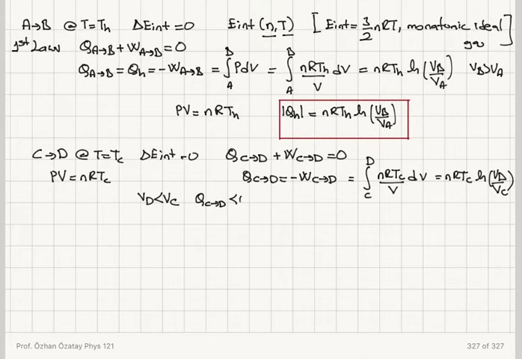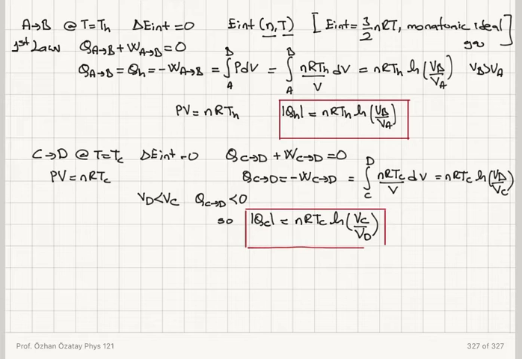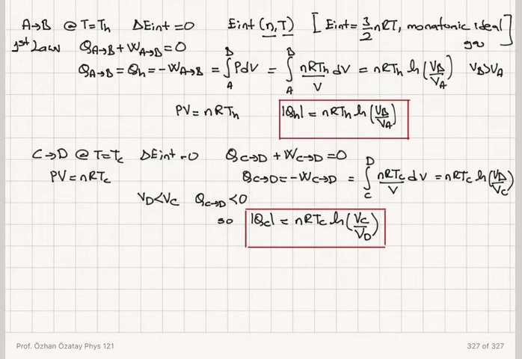Qc to D is negative, so the amount of heat I'm extracting from the system, Qc, is nRTc natural logarithm Vc over Vd, the positive version. So this is the heat extracted from the engine to be released to the cold reservoir.